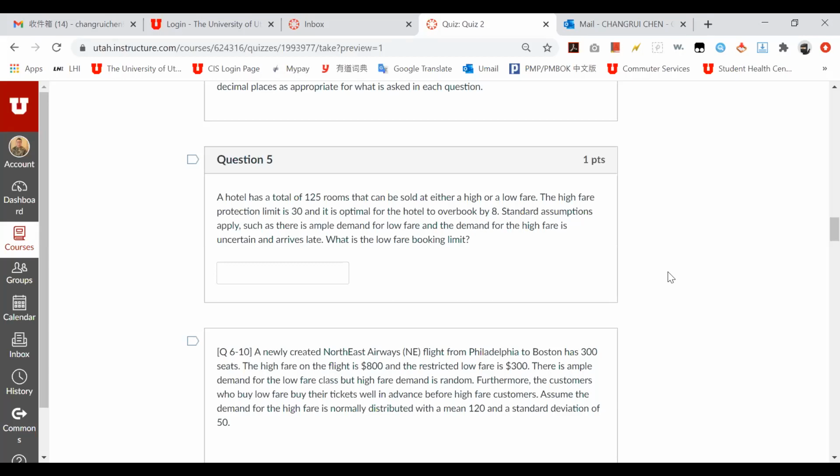You get 133, and then you subtract the protection limit 30, so 103 is your booking limit. So whenever we see overbooking, we're adding to the capacity. Yes, in theory. We're adding to the booking limit, not the protection level. Yes, right.